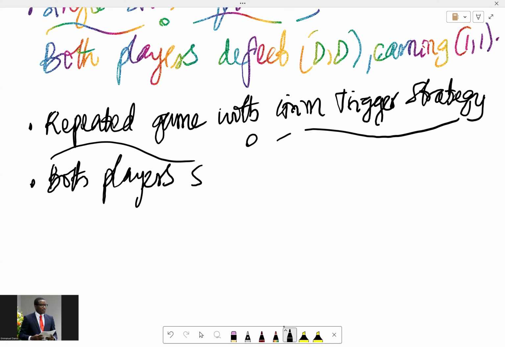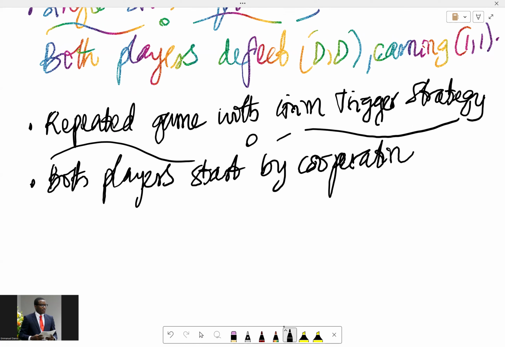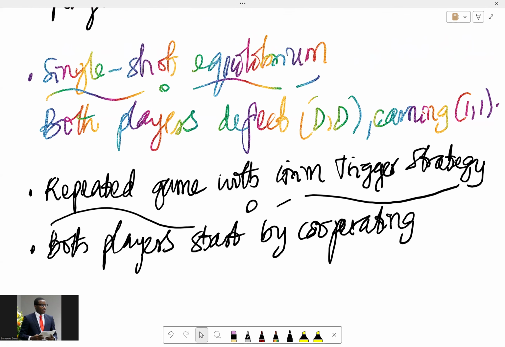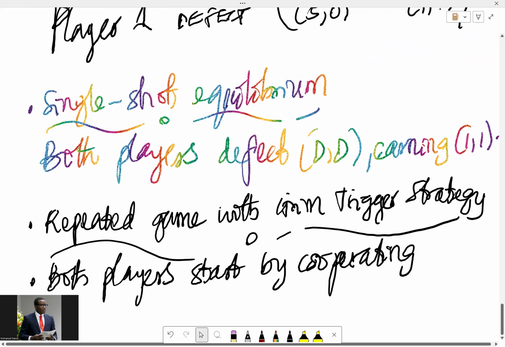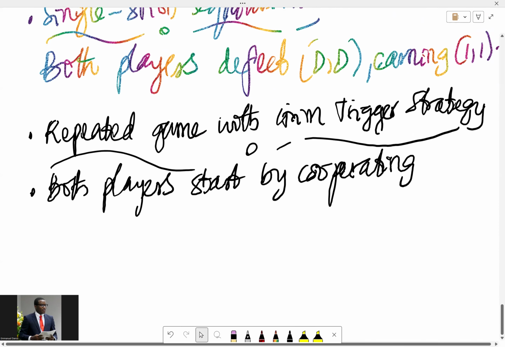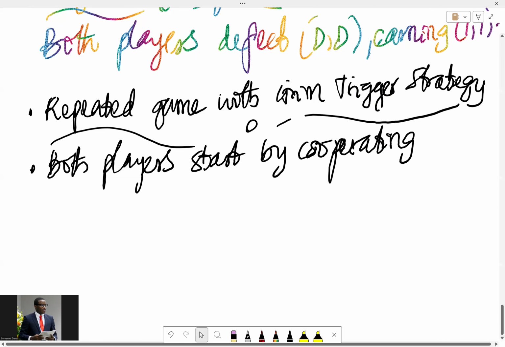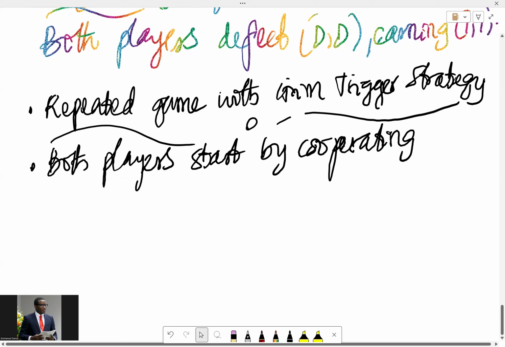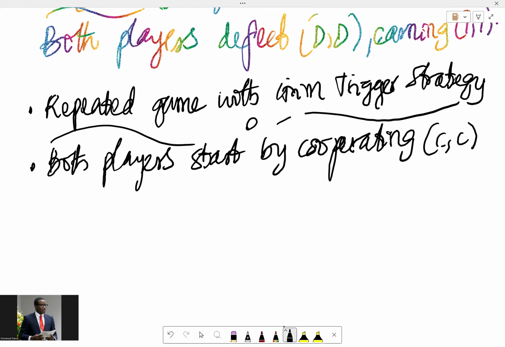If it is just one shot, everybody wants to get the maximum points, so they both defect, getting 1-1 each. But if it's repeated with a grim trigger, both players start by cooperating. That is CC. That's the first step.